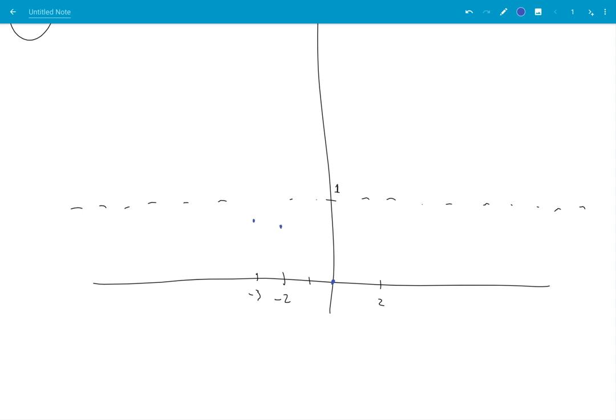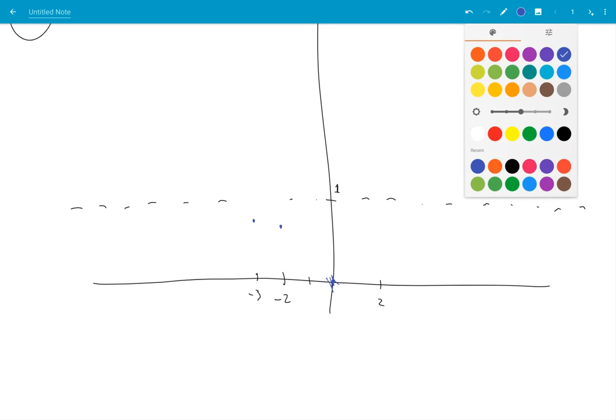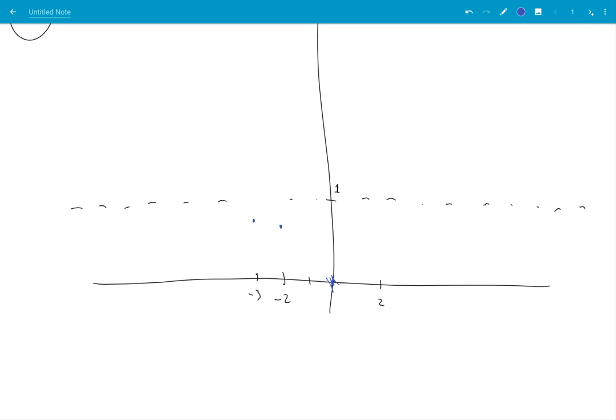It's there. Sorry, I have a dot here at 0, 0. Just ignore that. Okay, y equals 1. We decided earlier that's a horizontal asymptote. So that's why I have the y equals 1 line in dots there.